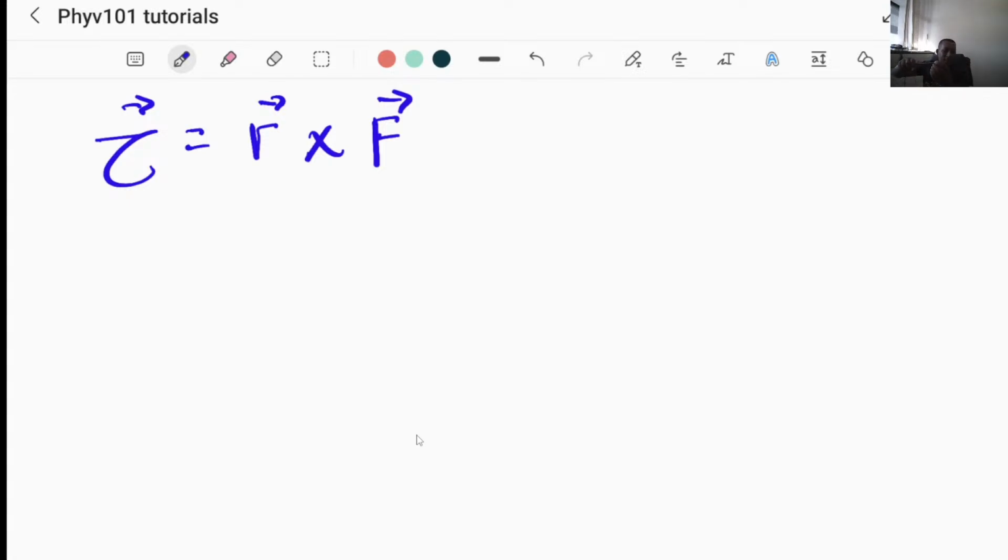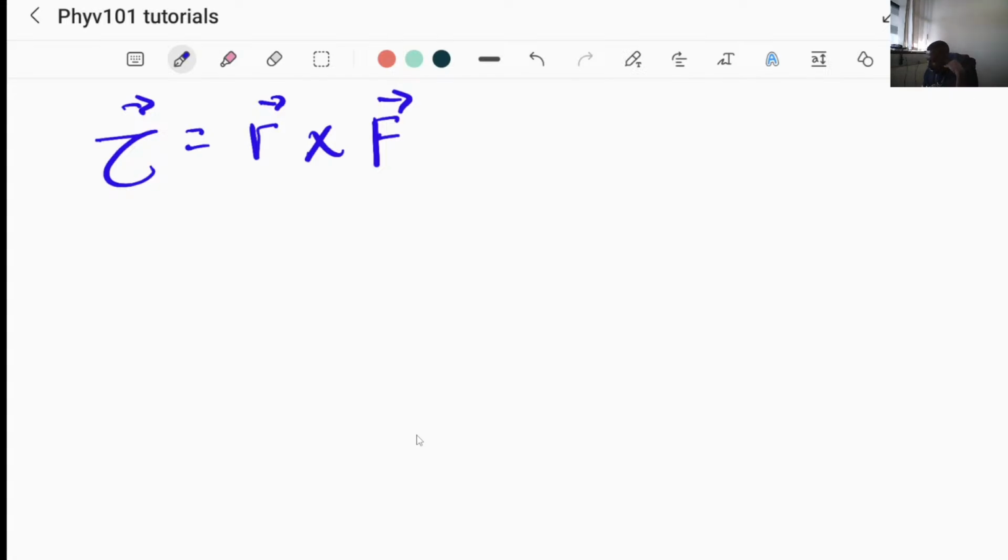That R is the arm length of your device, and you apply a force in a certain direction. Torque is basically a turning effect. You put it on the bolt and unscrew it. That turning effect is what we call torque. The definition is R cross F.